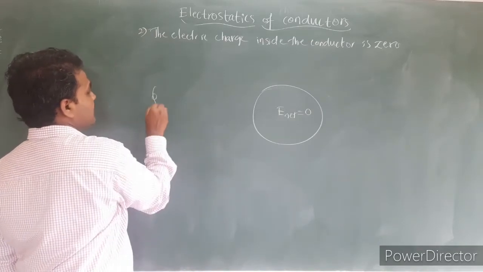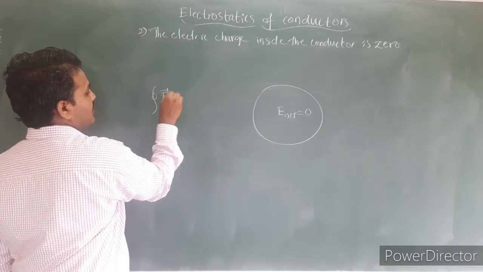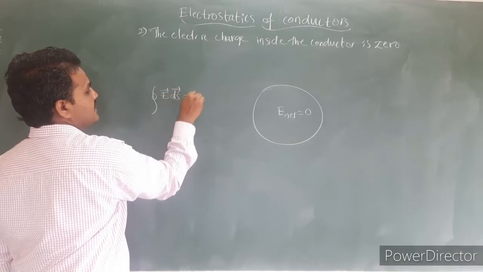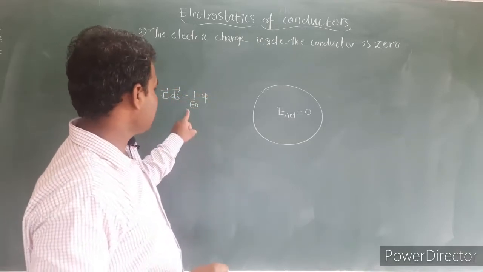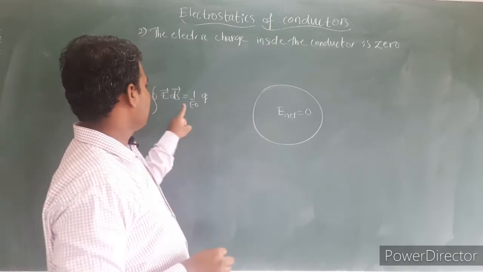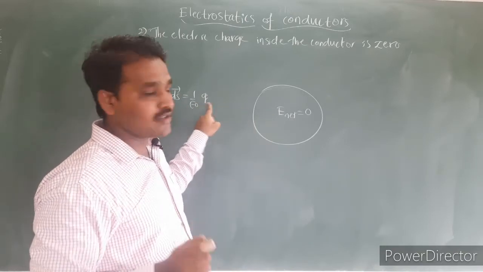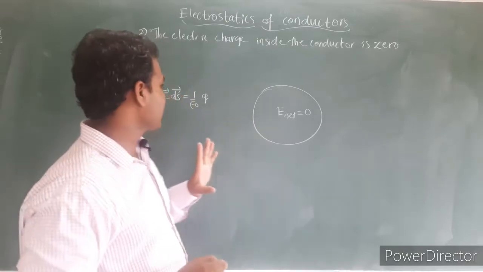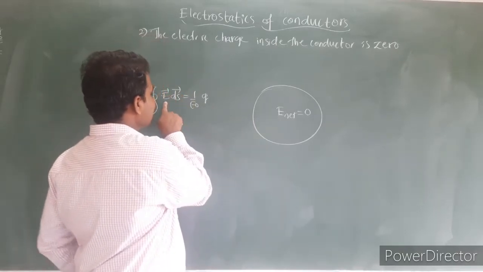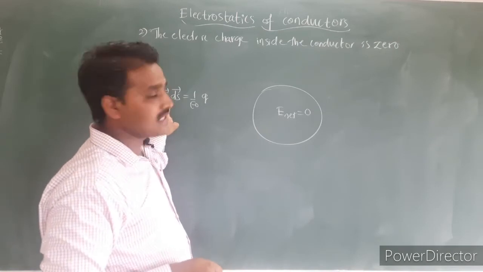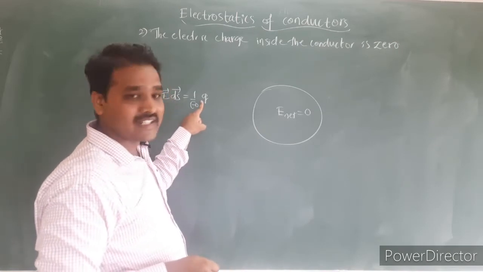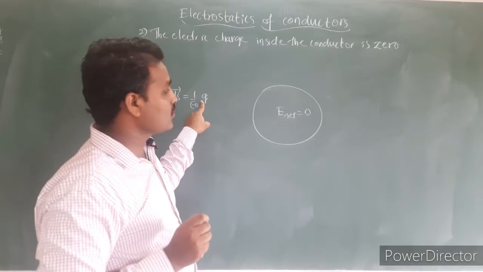Gauss law states that the integral of E dot dS is equal to 1 divided by epsilon naught times the charge, where Q is the magnitude of the charge enclosed by the Gaussian surface. Since the electric field is equal to 0, when I substitute the electric field intensity as 0, I must consider the charge also equal to 0.